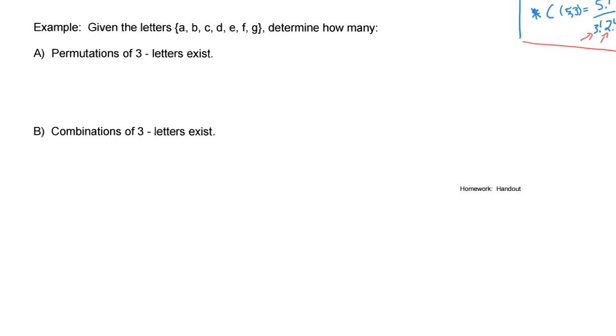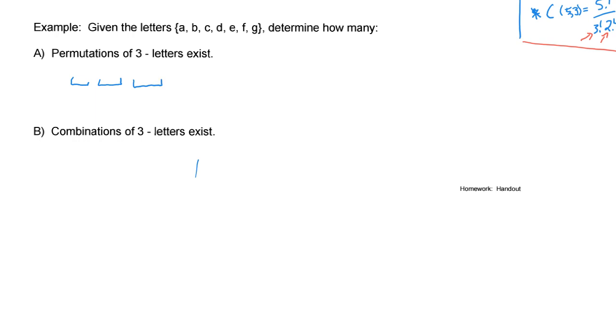Here's an example. We have this set of letters, A, B, C, D, E, F, G. I need you to determine how many permutations of 3 letters exist. If we were doing permutations and you want to do it by brute force, you literally have to look at the cardinality. Remember cardinality?